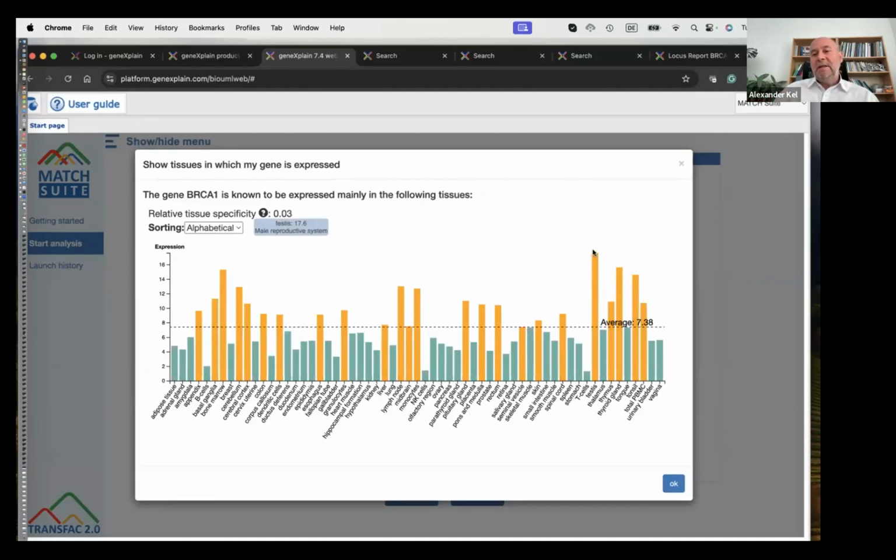So as usual, testis is very, very highly expressed. There are a lot of factors which are expressed in that tissue. So you can look at this picture and select your tissue of interest also from the point of view of expression of the gene itself, if the gene is really a very tissue-specific gene. If not, depending on your experiment.